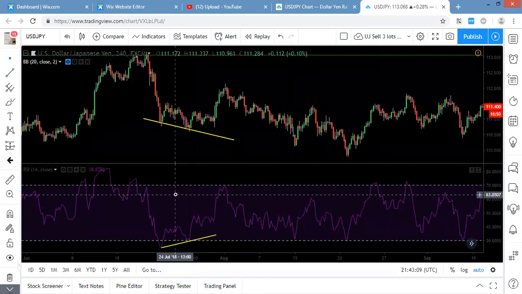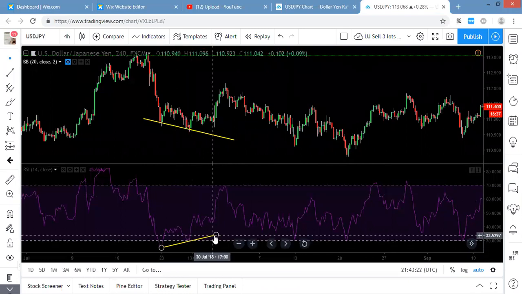What this is called is an exaggerated divergence, which is an indication that the market or price could start reversing, okay? Now, when this happens, it's all based on what the indicator is telling you.